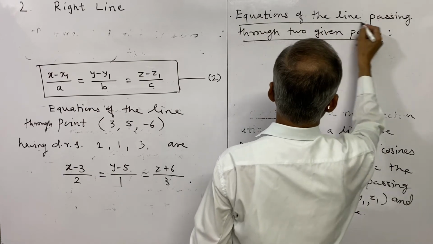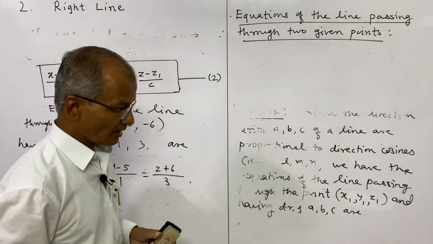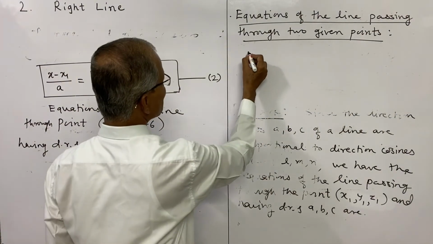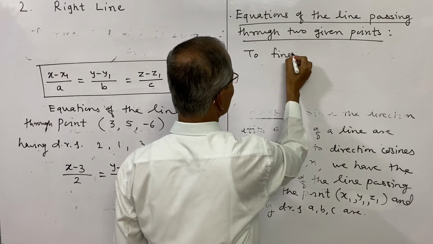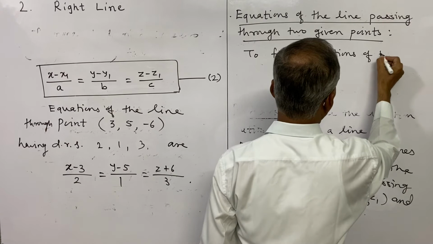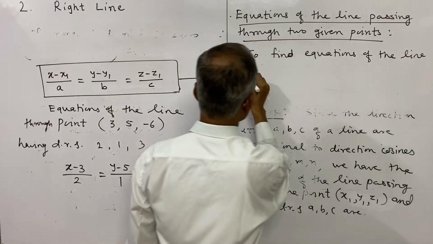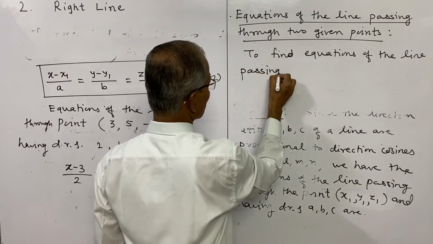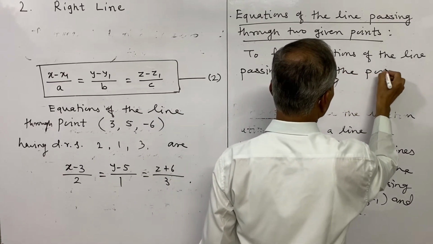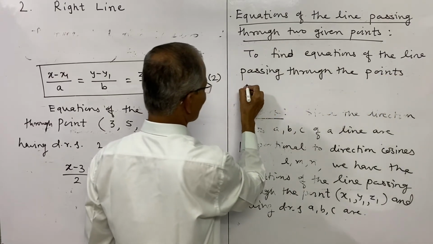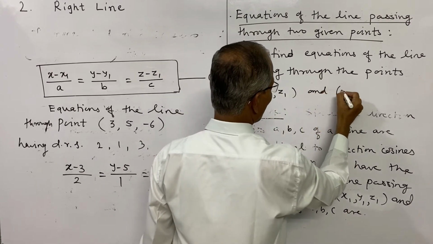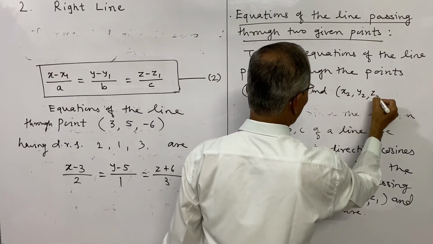So we know 2 given points are sufficient to fix a line, and that means to find the equations of the line passing through the points, we will consider the points as x1, y1, z1 first point, and second x2, y2, z2.